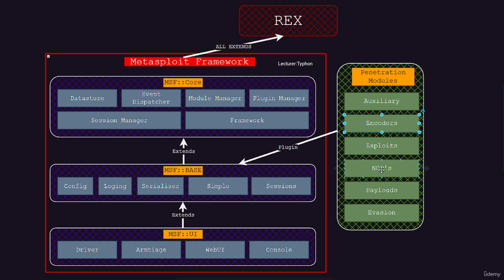We also have NOPs, which you can also pronounce as no operation instructions. No operation instruction generators ensure the stability of exploits. Think of them as the gears in a well-oiled machine or car. They are used for alignment, ensuring that the exploit code runs smoothly without crashing or causing unintended consequences.